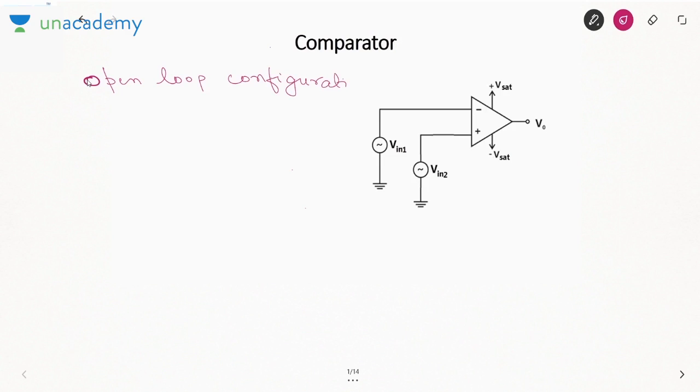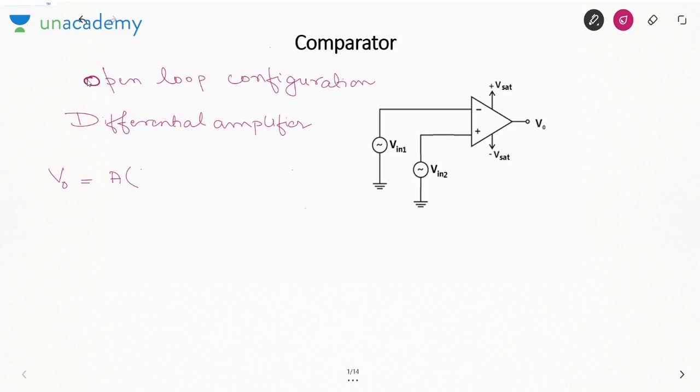When we studied open loop configuration, we were calling it as a differential amplifier, right? So this is nothing but a differential amplifier.